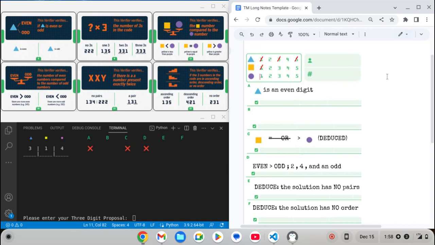And similarly, I think we can make the argument that circle cannot be a 5, because if circle were 5, there's nothing greater for square to be. So let's see if we can cross out that 5 value in triangle.